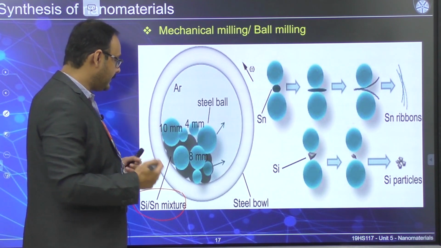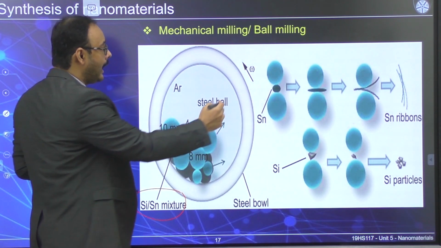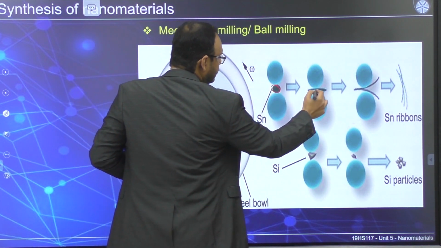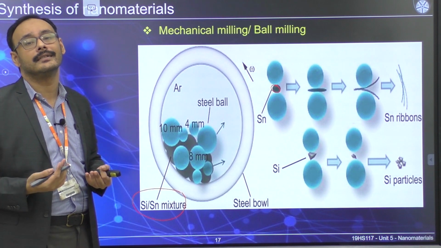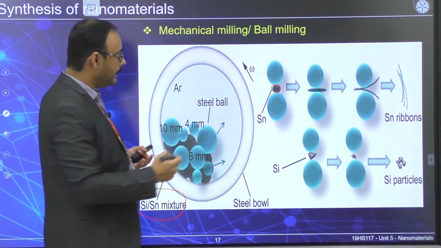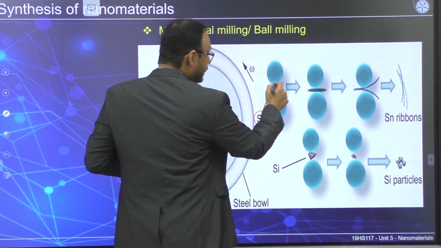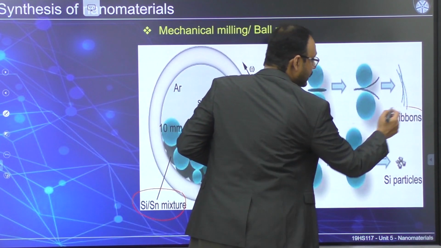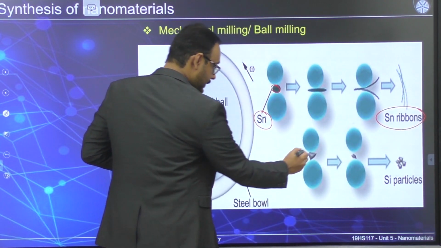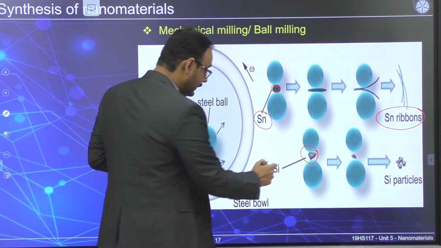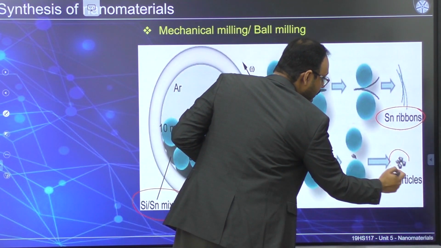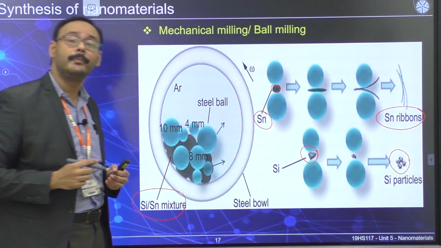Depending on the type of interaction that these balls are going to have with the material, you will get different types of shapes and sizes. Okay, for example, if it is tin, this interaction can lead to tin ribbons. Whereas if it's silicon, not silica, this is silicon, it is going to give you silicon particles.